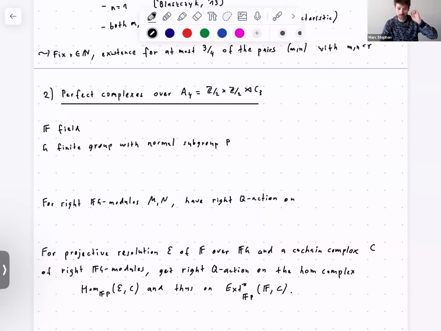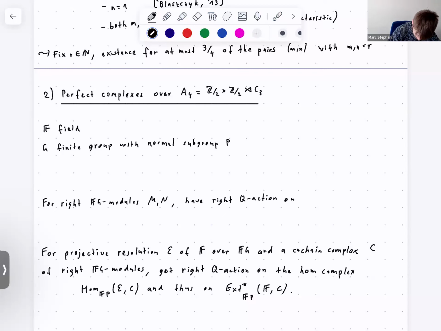And to state our result, we will need some notation. For that, we consider a field F and any finite group G with normal subgroup P, where A4 will play the role of G, and C2 cross C2 will play the role of P.